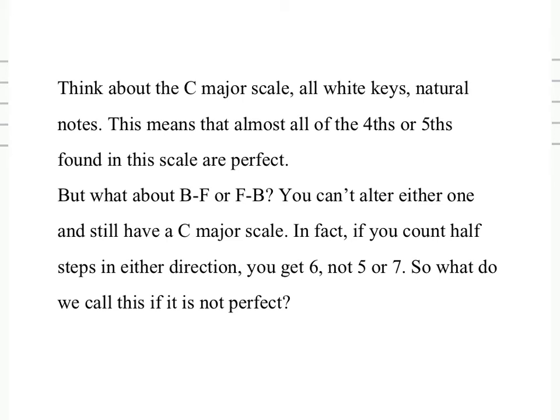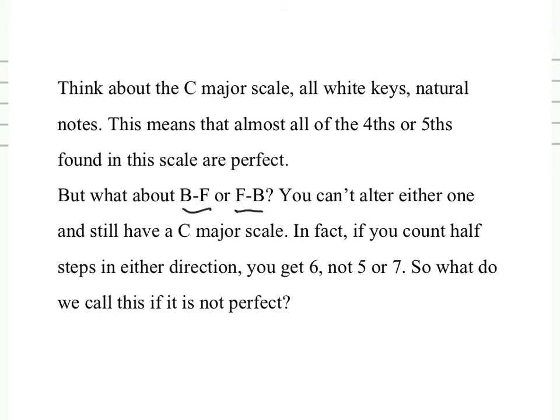Think about the C major scale. All white keys, natural notes. That means that almost all of the fourths or fifths found in the scale are perfect. Okay, but what about B to F or F to B? You can't alter either one and still have a C major scale. In other words, if you try to make this a perfect fifth by making it a B flat, then it's not C major anymore.